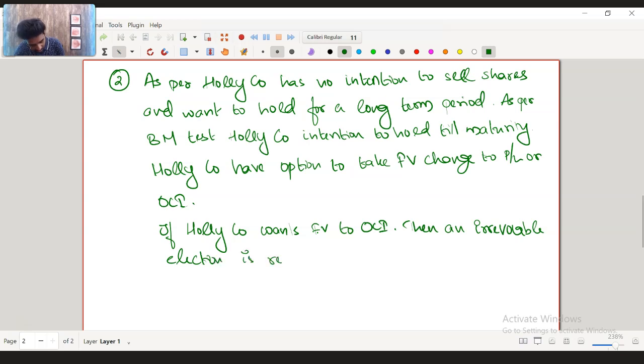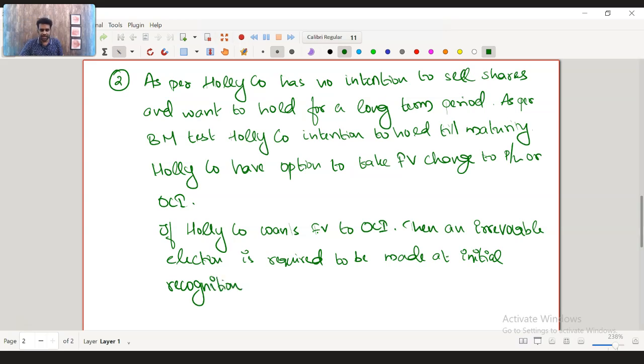is required to be made at initial recognition, to take the fair value changes to OCI.